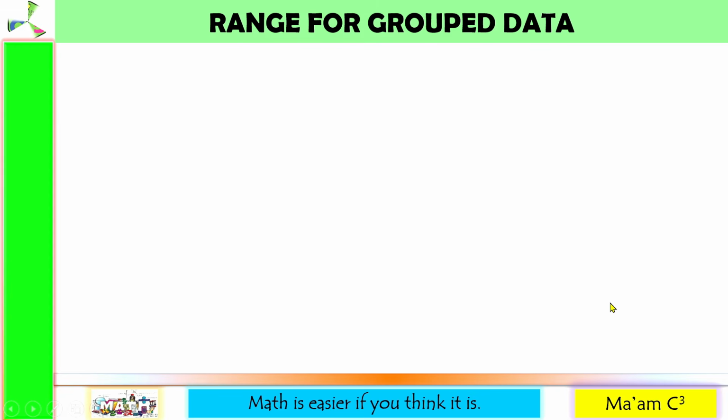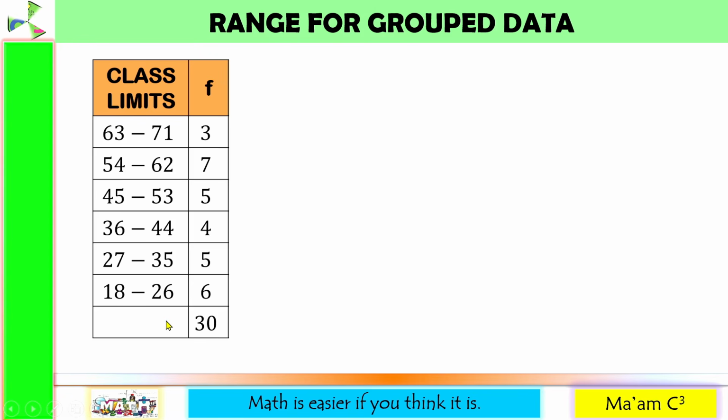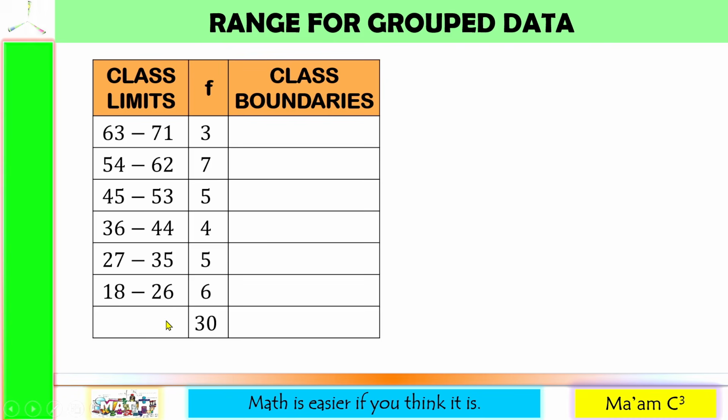Let us recall our table earlier. To solve for the range, we need to determine the class boundaries. But we are only going to determine the class boundaries of the lowest class interval and the highest class interval. To determine the class boundaries, we just have to subtract and add 0.5 to the lower class limit and upper class limit respectively. 63 minus 0.5 is 62.5. 71 plus 0.5 is 71.5.